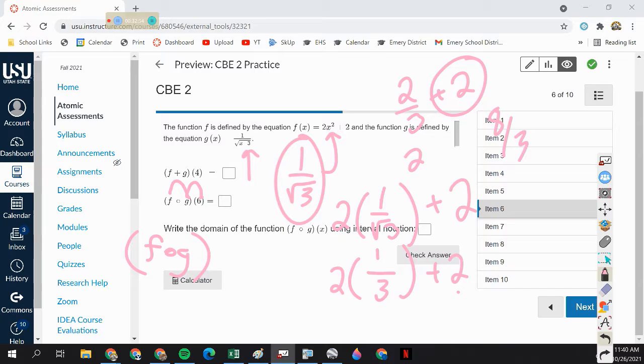Its domain is the domain of g intersected with the domain of f of g. And the domain of f is ignored, which is really weird, but that is the case. You look at the domain of g, and then you look at the domain of f of g. You don't have to worry about the domain of f. And I think that's going to show up in one of these questions.